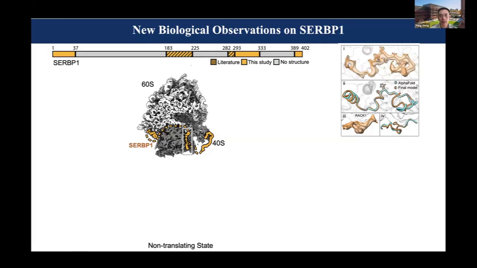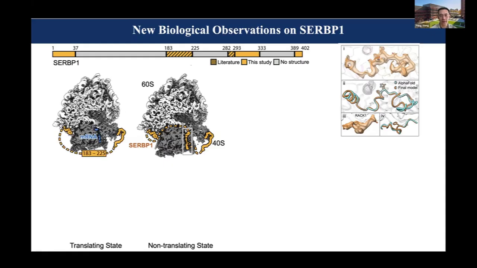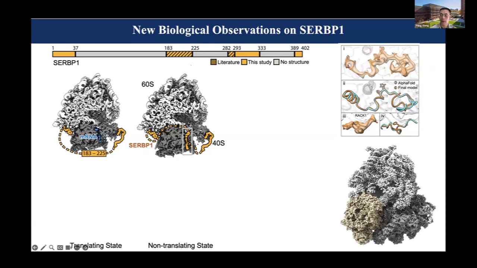So this is actually what we learned. There's some anchoring effect of this molecule on the ribosome. What's striking is this: even in the translating ribosome, where we see a nice mRNA density in the entry channel, this molecule is still anchored on the ribosome. And we have so many states. We actually do some morphing.